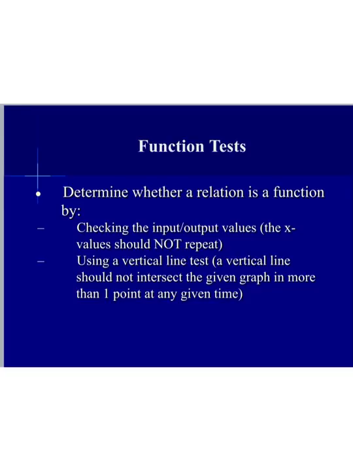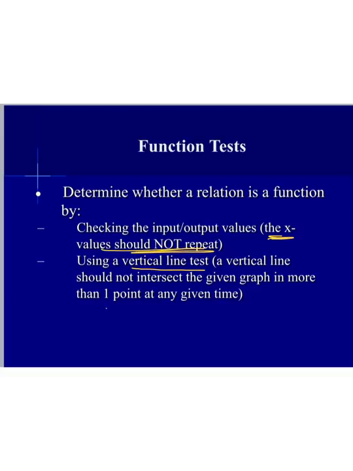You'll also need to know how to determine whether or not something is a function. So we said before that you can determine a relation is a function if you are looking at the input and the output values, and the x values should not repeat. The other way that you can look at it when you're looking at a graph is by using what we call the vertical line test.